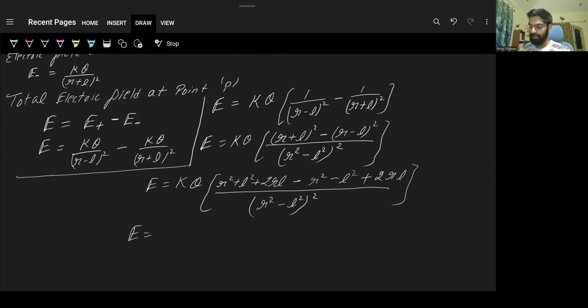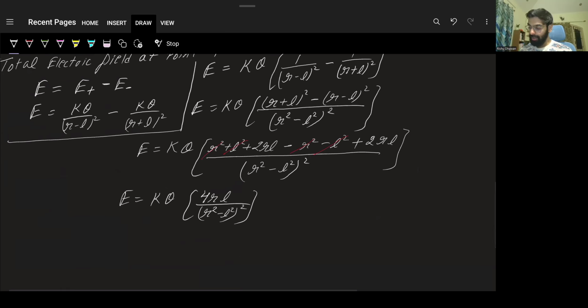So what you will get? KQ. Look, if I say this will get cancelled out with this, L square and L square will get cancelled out. So what you will get? You will get 4RL over R square minus L square whole square, right?